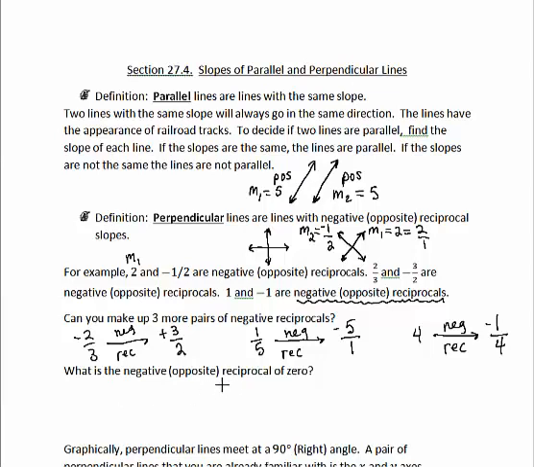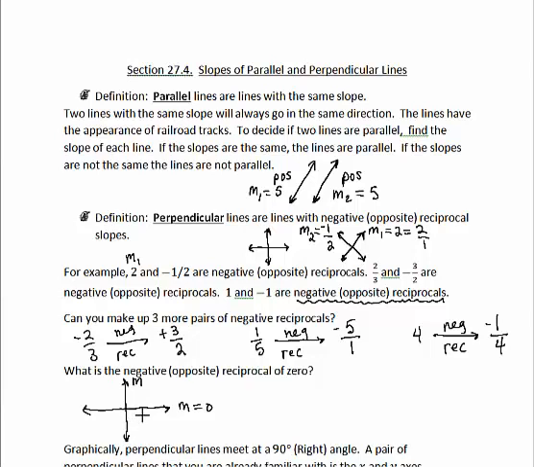In other words, think of it this way. Okay, if we have a horizontal line, then we have a slope of 0. The line that's perpendicular to that would be a completely vertical line.